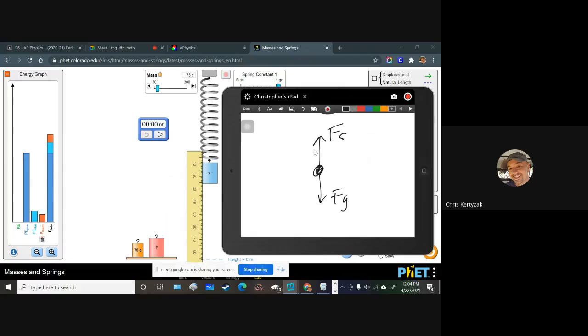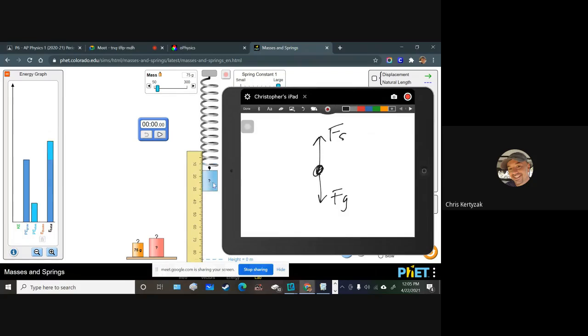So if the weight mg of this block was 2 newtons, then the spring force must be upwards 2 newtons, since those add up to 0, right? So this is called the equilibrium position because the block is in equilibrium at this position. It doesn't mean that it only is in equilibrium when it's not moving.